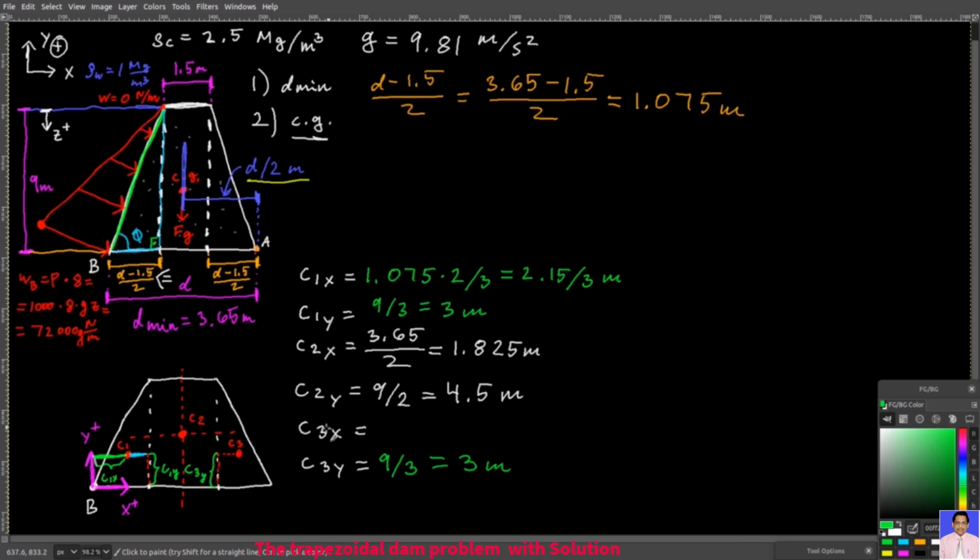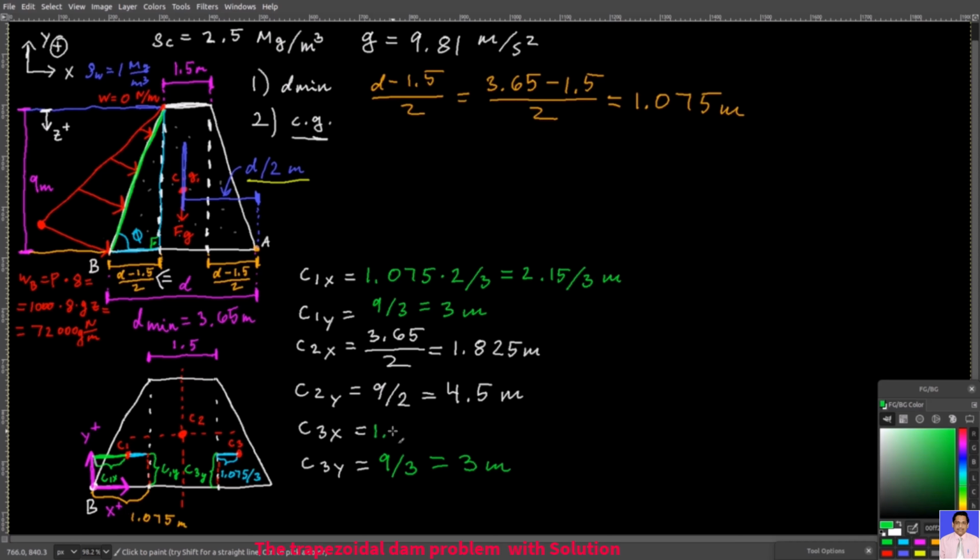And now we need to find C3x. So the horizontal distance from B till C3. Well, for that, you take this distance, which is 1.075 meters, plus this distance, which is 1.5 meters, and then finally, you add to that this distance, which is 1.075 over 3.